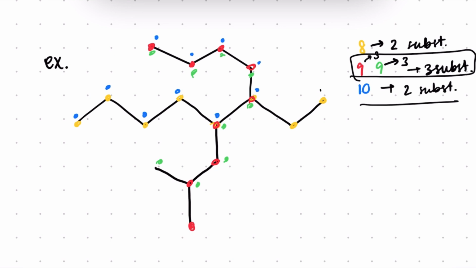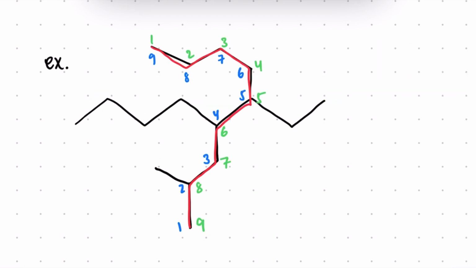So let's continue. So these right here are our possible locants for this compound. I just went ahead and drew them out. So now what I'm going to do is figure out the lowest locant set. So I'm going to write down the locants for each. So this has a locant of 4, 2, and 5. And in the green case, this has a locant of 6, 8, and still 5.